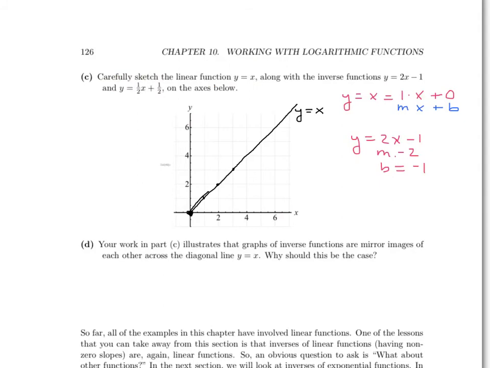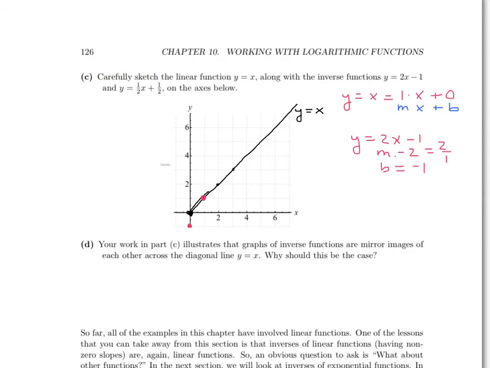So this is a function whose graph crosses the y-axis at -1, and the slope is 2, which means, as you'll recall, 2 is the same as 2 over 1, which means every time x increases by 1 unit, y increases by 2. So if I start at my y-intercept and I go 1 unit to the right, I climb 2 units, and that puts me at this point.